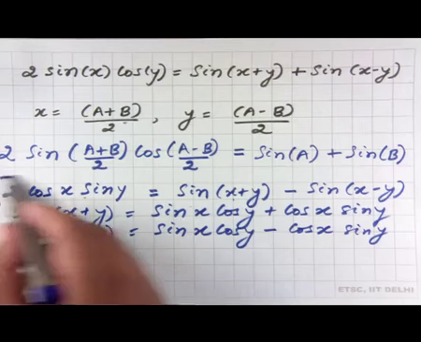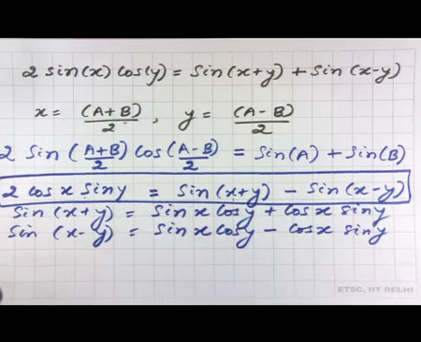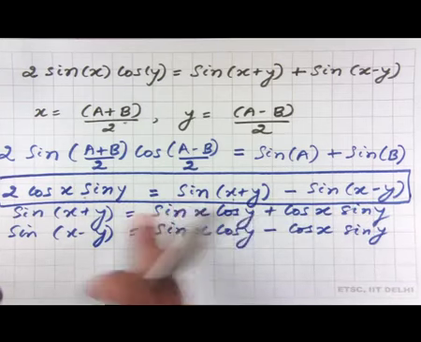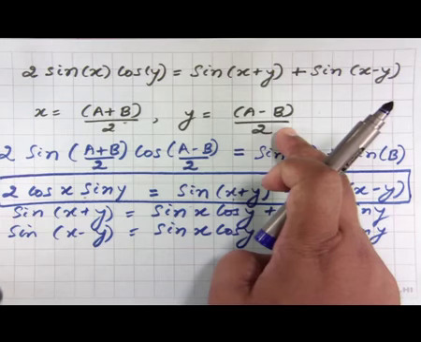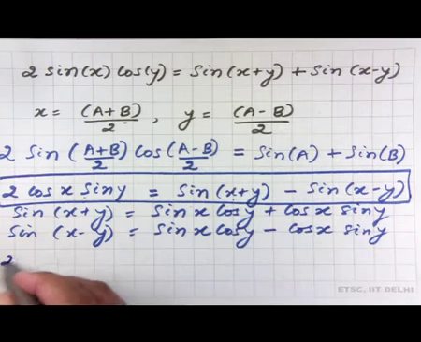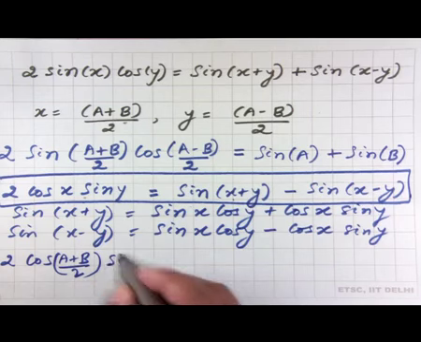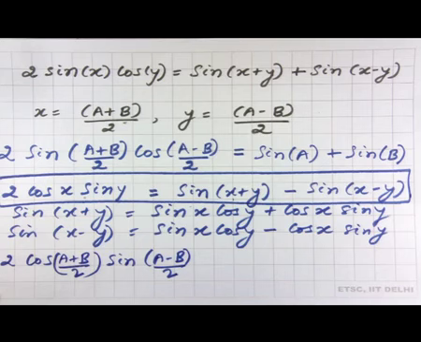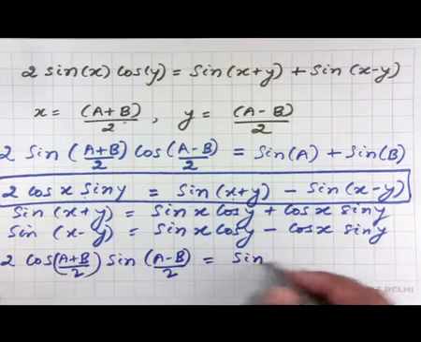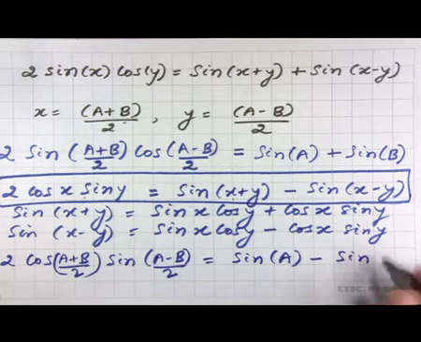So, in this expression here, we can replace x with (a plus b) by 2 and y with (a minus b) by 2, and what we will end up getting is 2 times cosine of (a plus b) by 2 into sine of (a minus b) by 2 equals sine of a, because x plus y is a, minus sine of b.